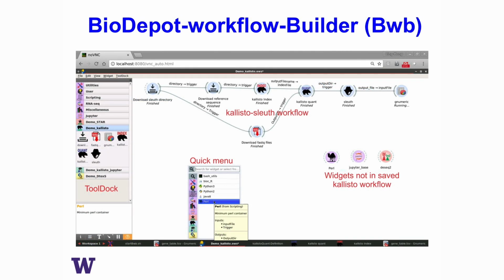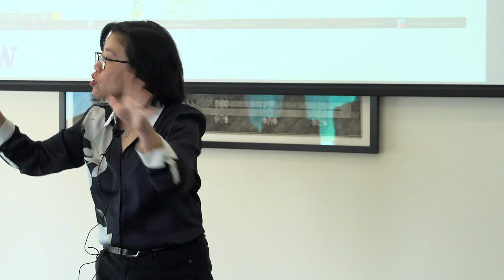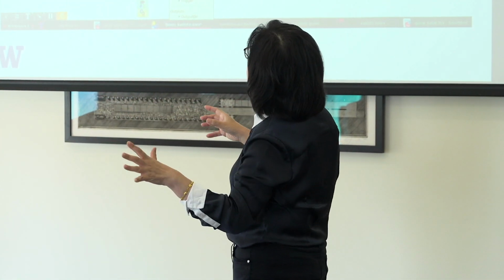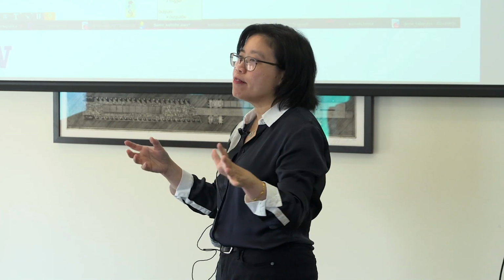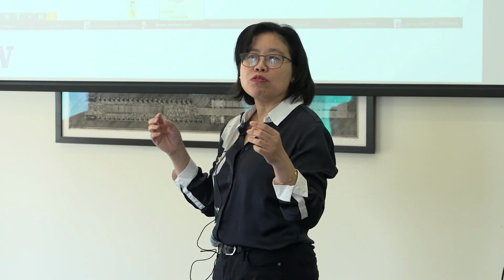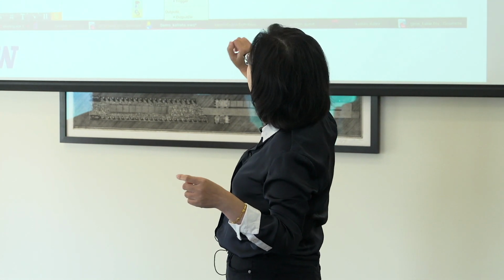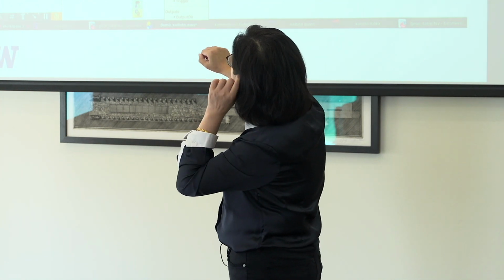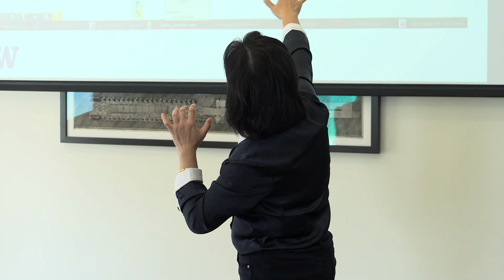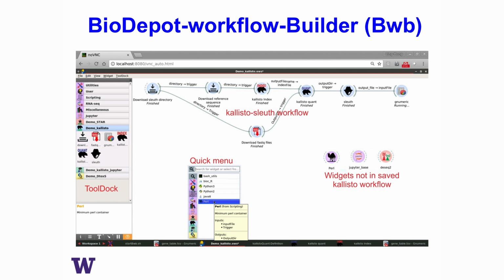So BWB is an acronym for Biodepot Workflow Builder. This is how it looks. This work builds on some other work that we have done. We again use VNC so that you can think of it as a graphical desktop inside your browser. So all it is, is a container inside containers. After you launch the container, you can interact with it in your browser. All these icons, we call each of them a widget.